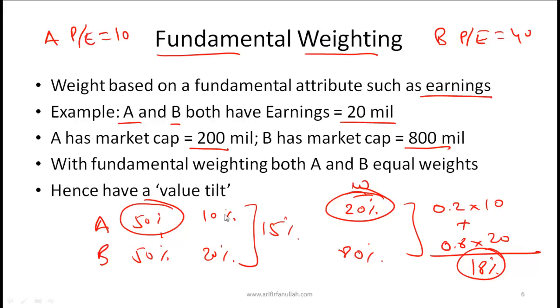And this is why we say that with a weighting system that is based on fundamentals such as earnings, those indices will have a value tilt. Value tilt means higher weightage for stocks which have a better value. In other words, price is low relative to a certain fundamental attribute such as earnings.